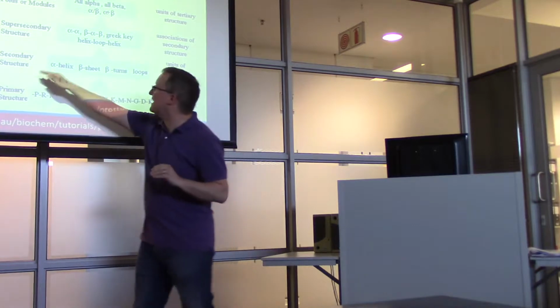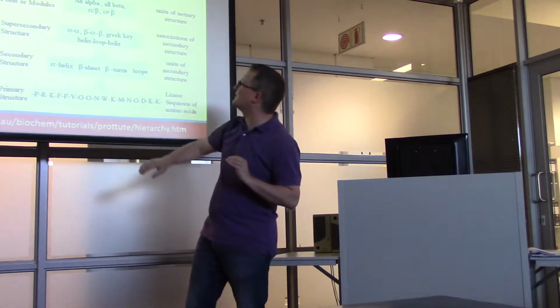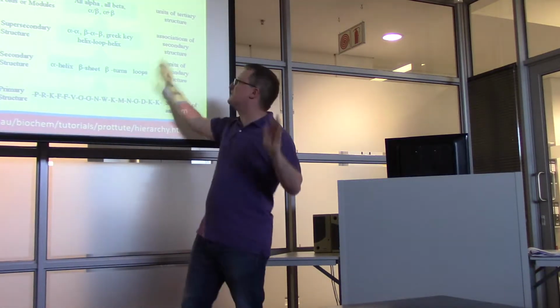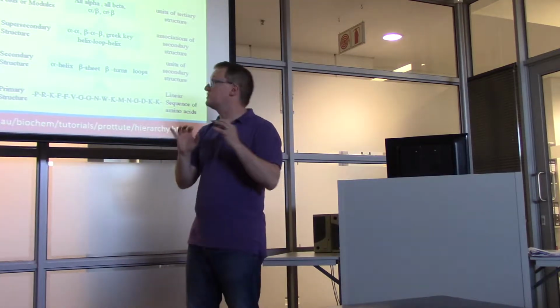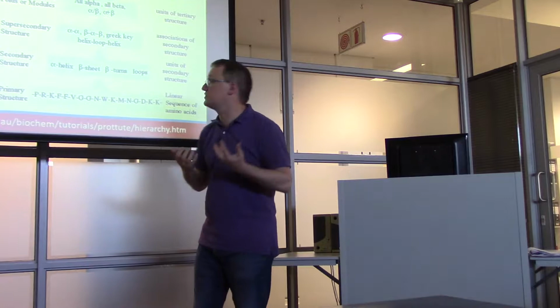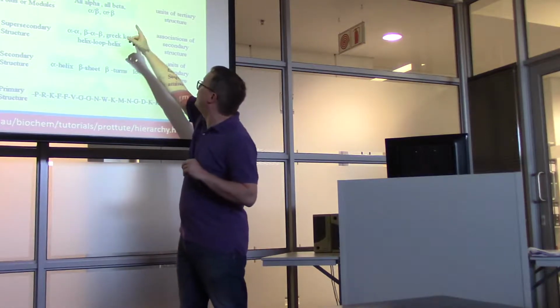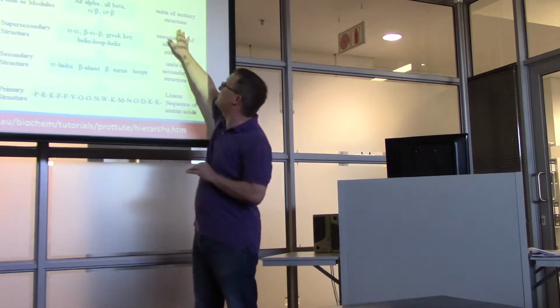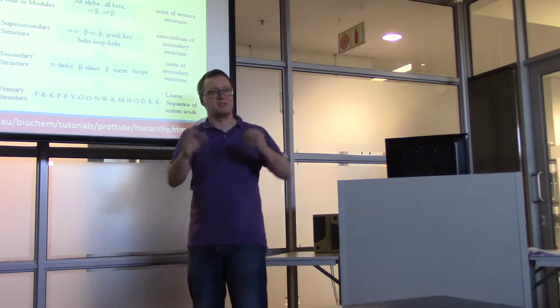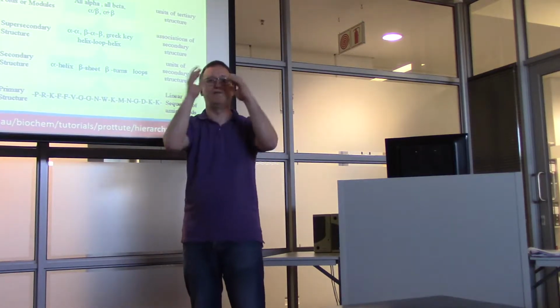So now we've got secondary and super secondary structure, and above that we have domain structure, folds or modules. These are all different terms that we use to represent these larger level structures. So all alpha, all beta, and alpha plus beta units of tertiary structure. So now we've reached this more complex structure we call a fold.